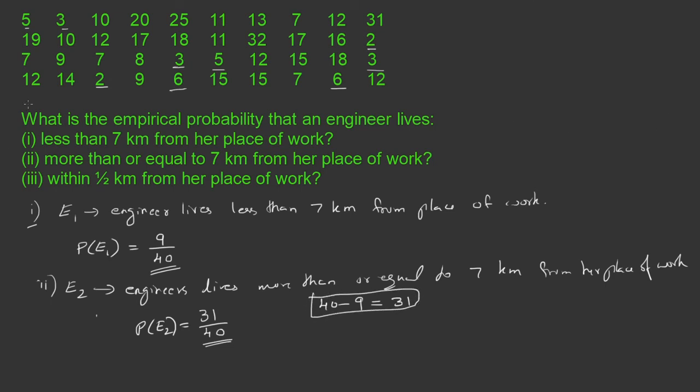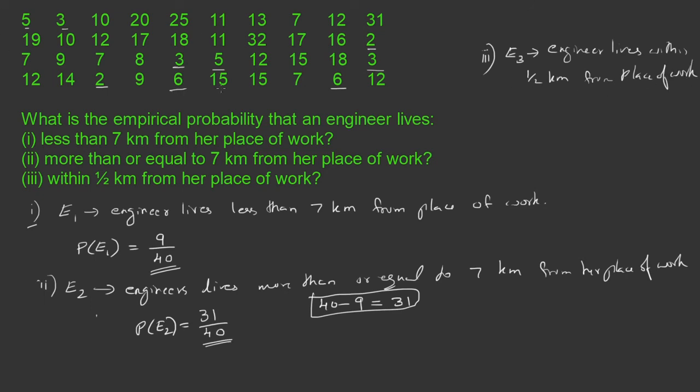Now, we are going to do the third part of this question. That is, within half kilometer from her place of work. So, event E3 is: engineer lives within half kilometer from place of work.